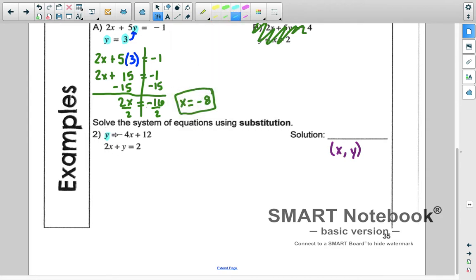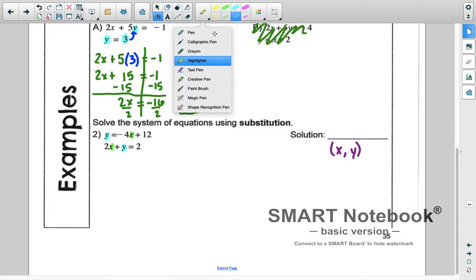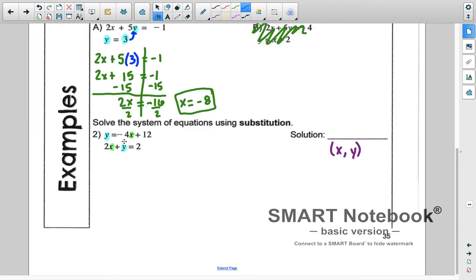It says y equals negative 4x plus 12, and then I have 2x plus y. So the first thing I'm going to do is replace this y, similar to how we replaced the y up here with 3. But this time, when we replace it, we're going to replace it with this whole amount.